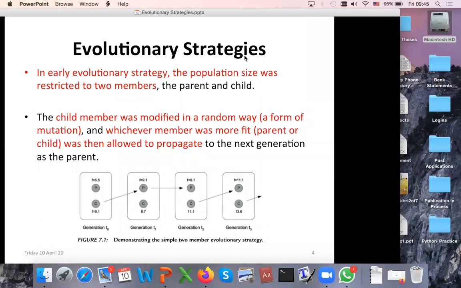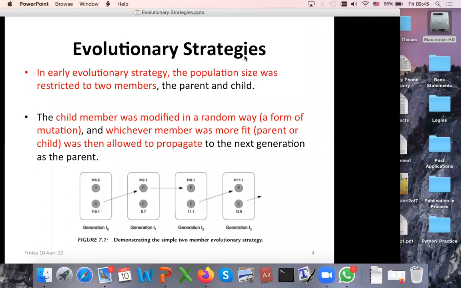So in those studies, in the beginning, the child member was selected randomly for the modification, and that modification was called mutation at that time.